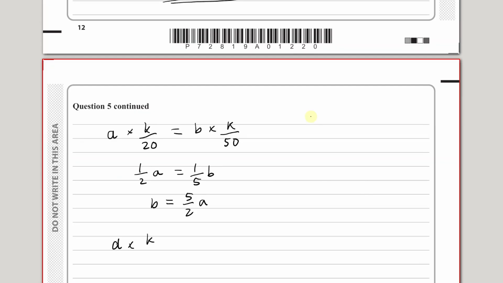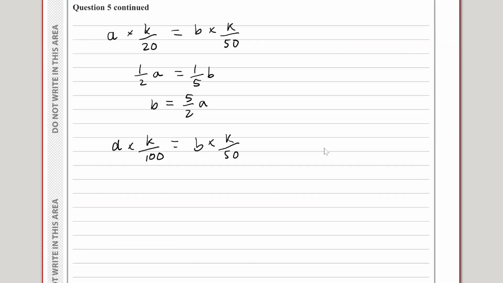d times k over 100 is equal to b times k over 50. So 1/10 of d equals 1/5 of b. d equals 2b.